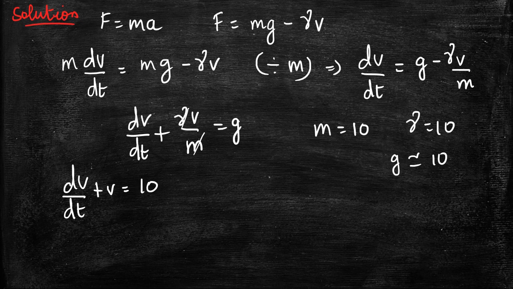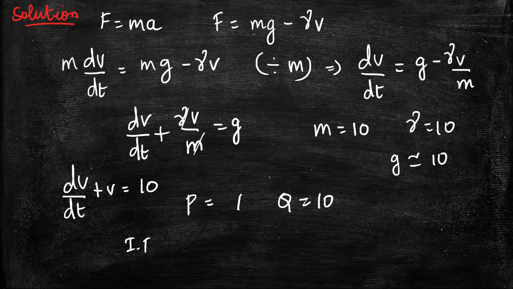Now this is a very simple non-homogeneous differential equation and of first order. So first order differential equation, which is of the form dy by dx plus p of x y is equal to q of x. Okay, p and q can be constants. So now from this equation I can write my p to be 1 and q to be 10.